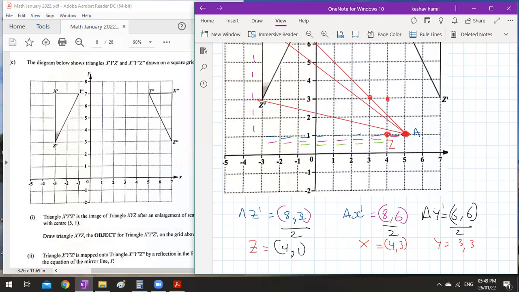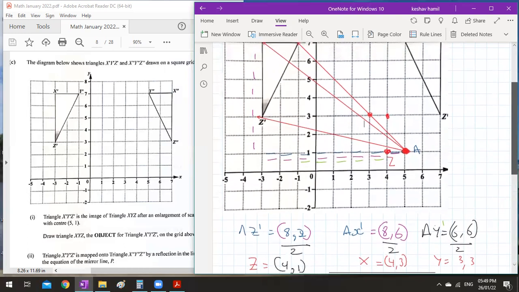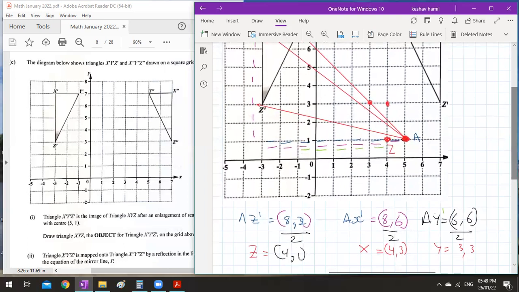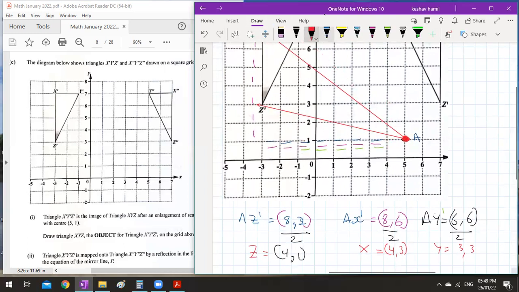Why did I flip the fraction? Oh, I know what I did wrong. All right. So let me just fix what I did wrong there. Now, because we're going to the left, this will be negative in all cases. And from this point, we'll be checking the points, right?